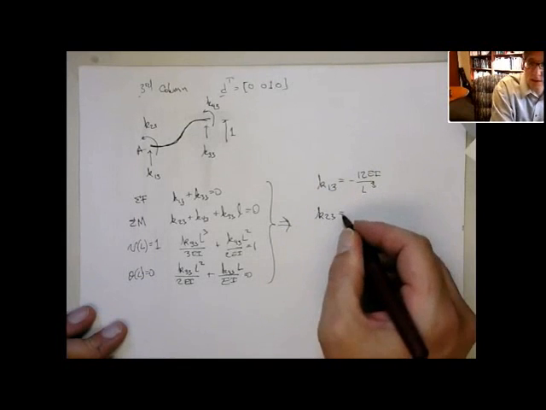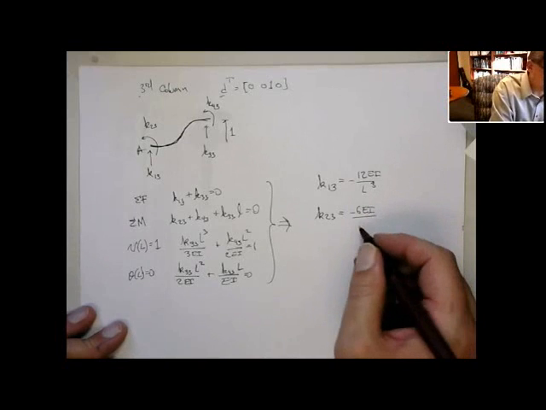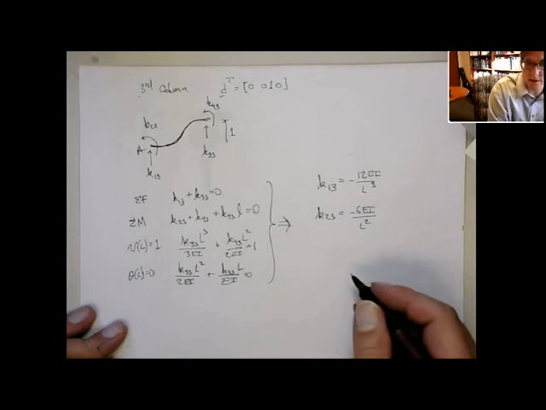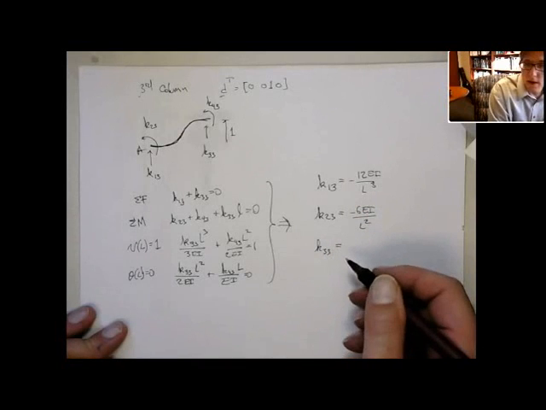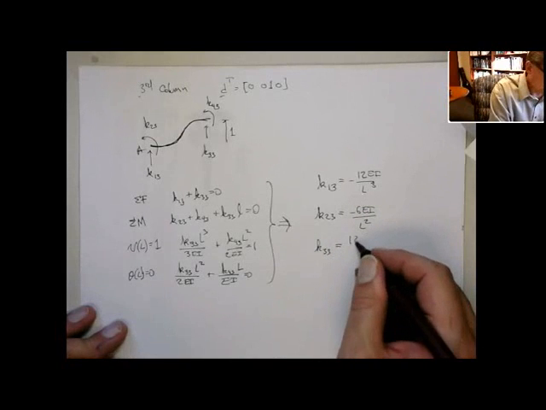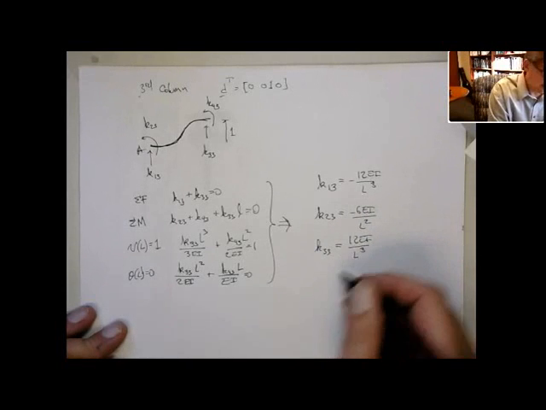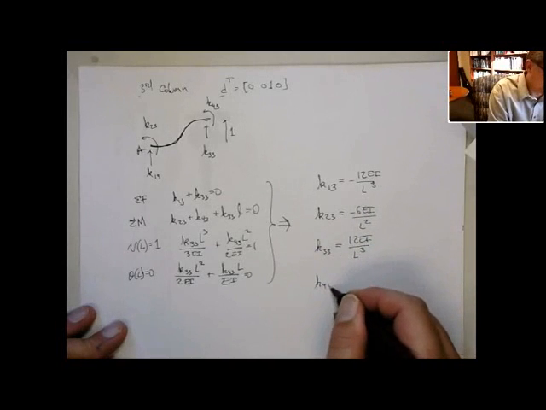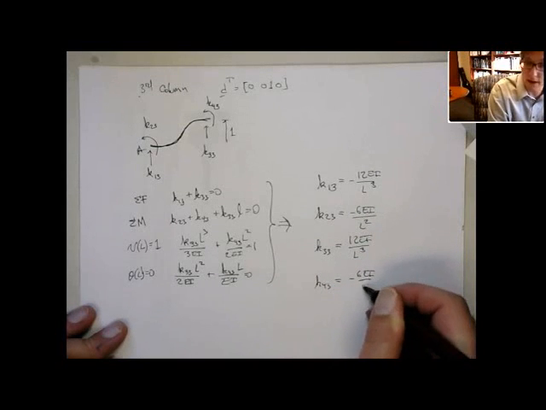K23 is equal to minus 6 EI. Now we know it's symmetric, so a lot of these match up with the other ones, but at least it's good to see it check. It definitely should be symmetric. K33 is 12 EI on L cubed, and then the K43 is minus 6 EI on L squared.